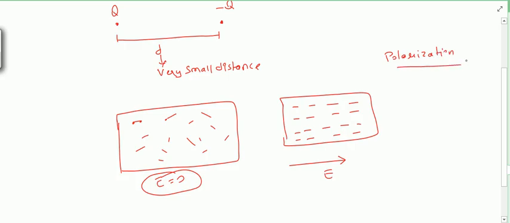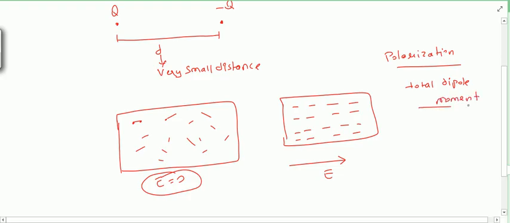Polarization is basically defined as total dipole moment per unit volume.